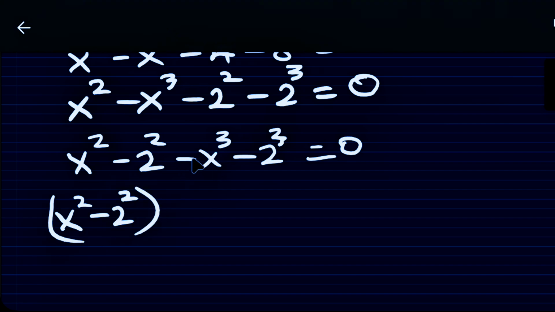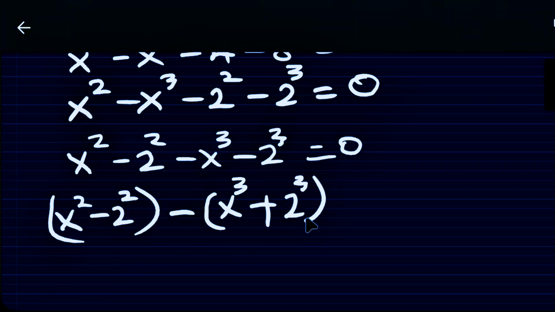Between minus x cubed and minus 2 cubed, there is a common term which is minus, then open parentheses. Minus x cubed divided by minus will give us positive x cubed. Minus 2 cubed divided by minus will give us positive 2 cubed. And all this will be equal to 0.